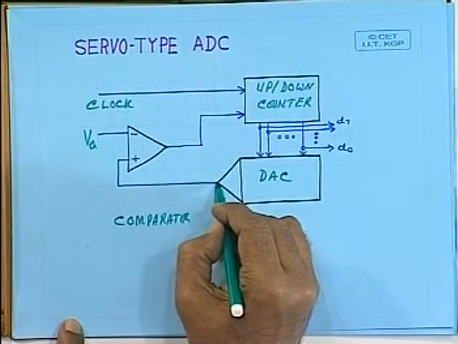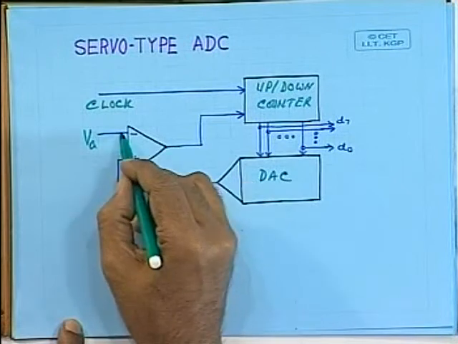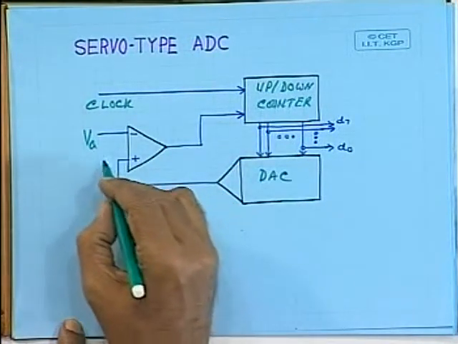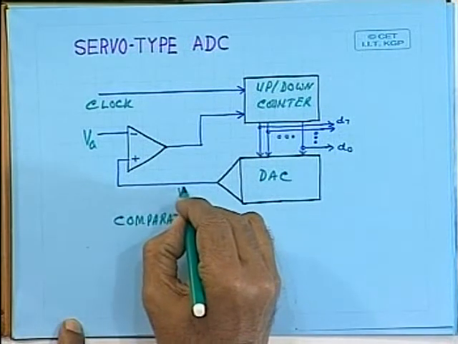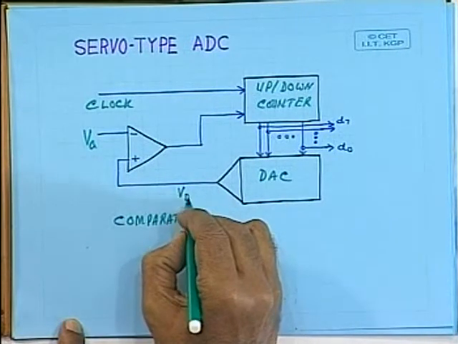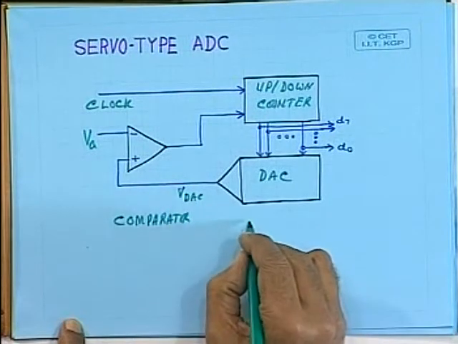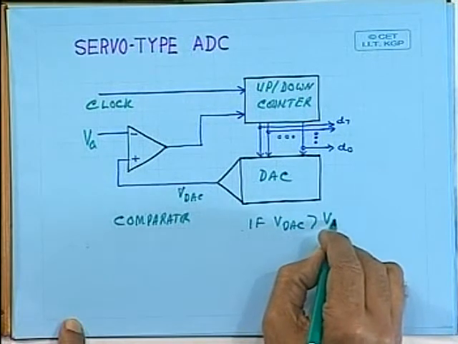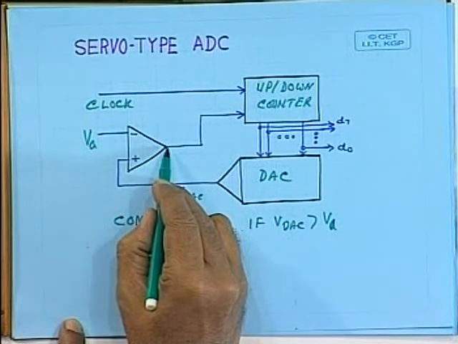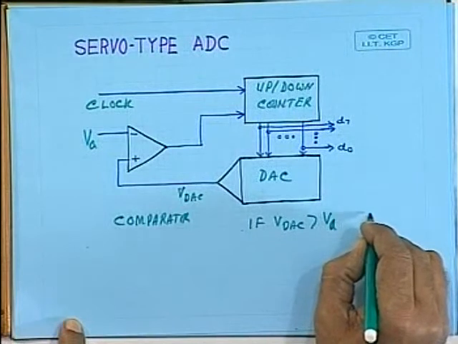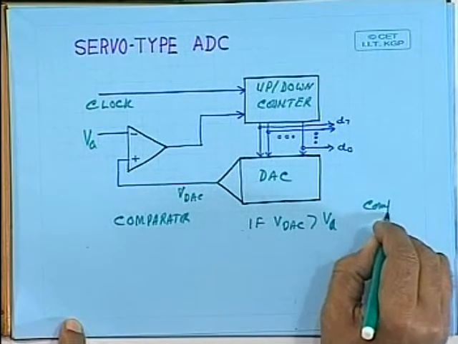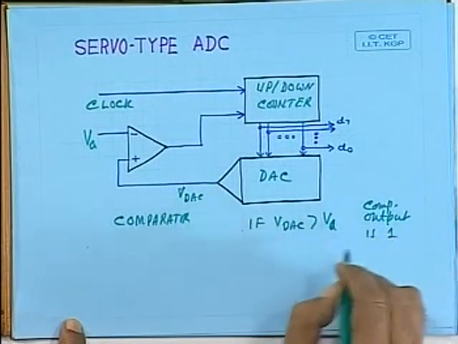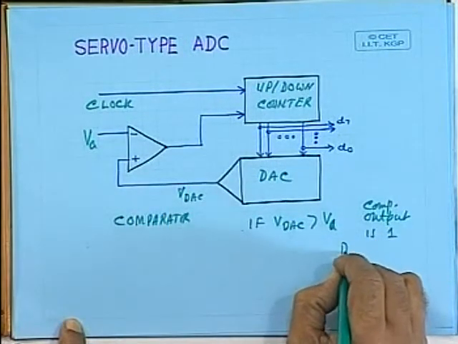Now, if this voltage is greater than this one, then this is 1. Let me represent it by V DAC. If V DAC is greater than VA, then the output of the comparator is 1, and then we down count.